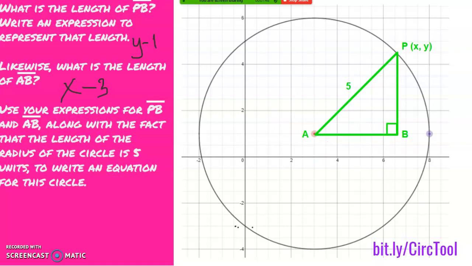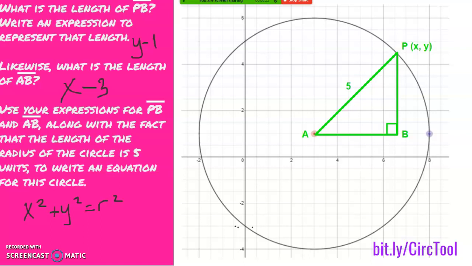Use your expressions for line segment PB and line segment AB, along with the fact that the length of the radius of the circle is 5, to write an equation for this circle. So, the original equation for a circle that had a 0 origin center was x squared plus y squared equals radius squared.